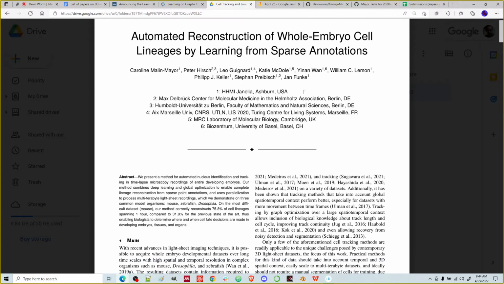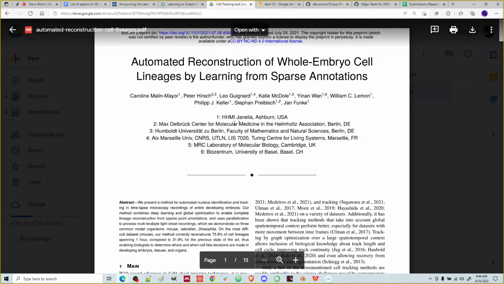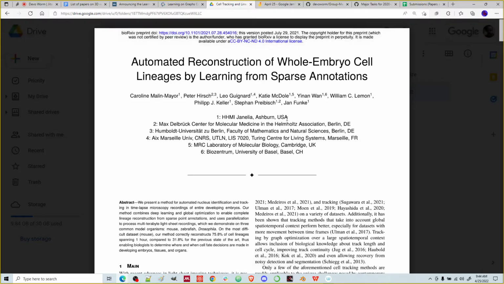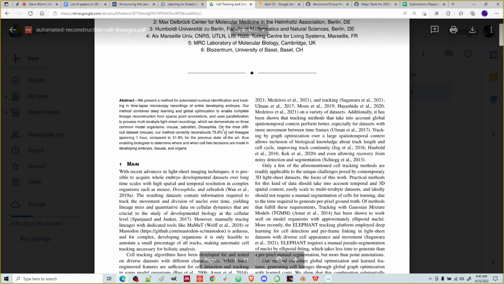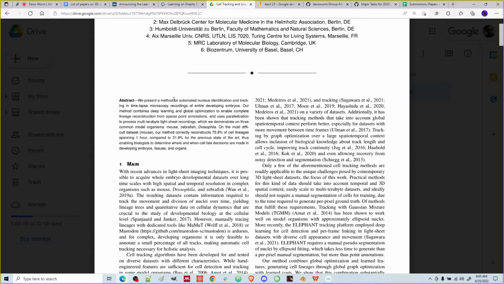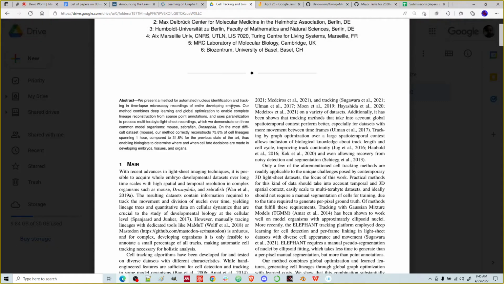So this paper is by a number of people here from Janelia. This is a lab run by the Howard Hughes Medical Institute in Ashburn, Virginia, which is near Washington, D.C. And this is automated reconstruction of whole embryo cell lineages by learning from sparse annotations. So in this paper, they present a method for automated nucleus identification and tracking in time-lapse microscopy recordings of entire developing embryos.